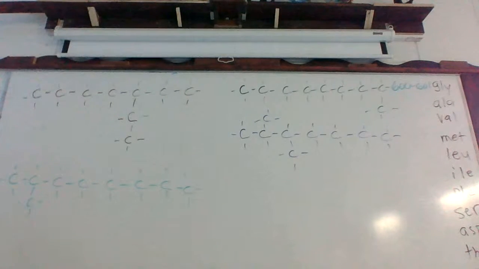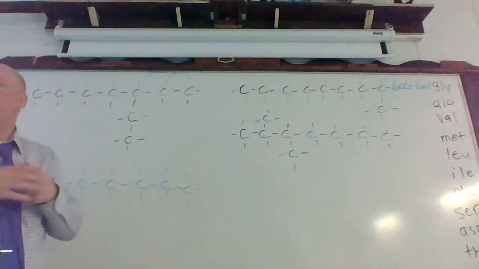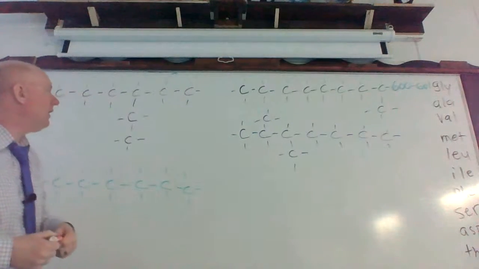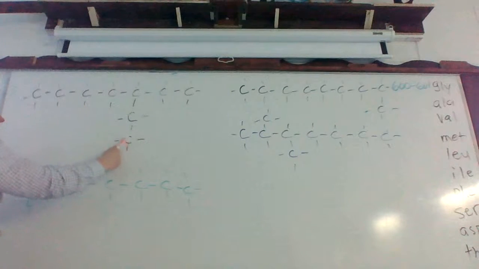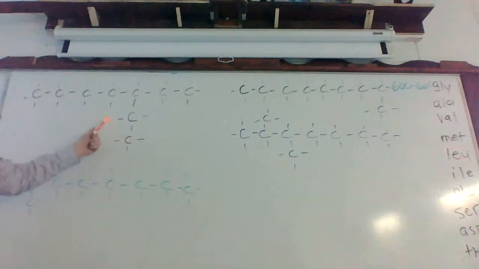So the simplest way is to start from left to right and say 1, 2, 3, 4, 5, 6, 7. Or you could go 1, 2, 3, 4, 5, 6, 7. So you can say this is a branched chain, where it branches off of there, and that's probably the simplest way to look at this.